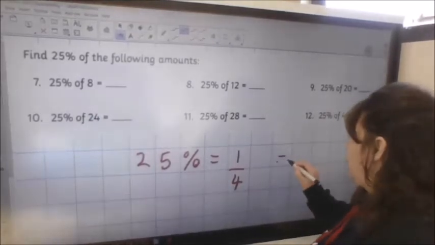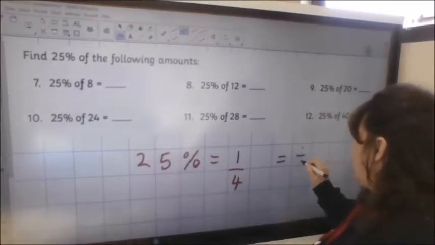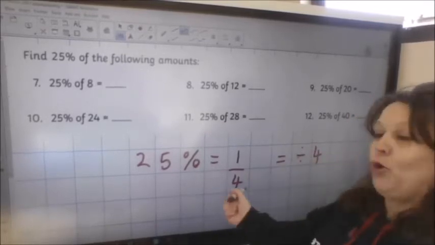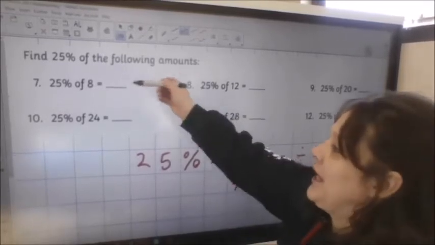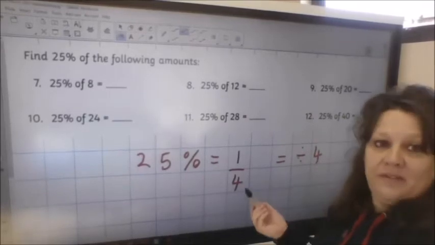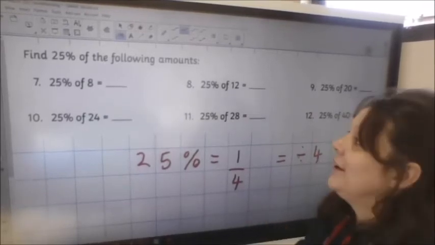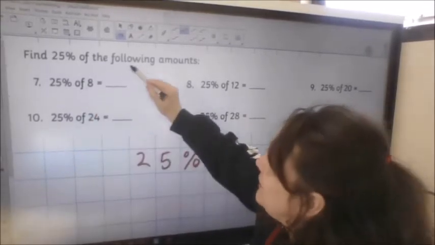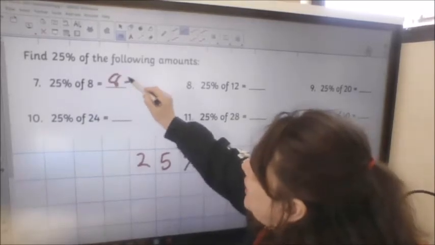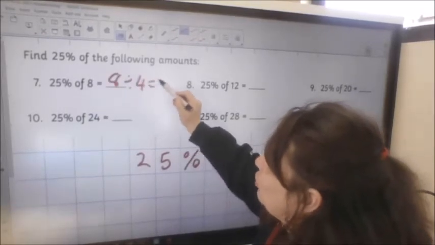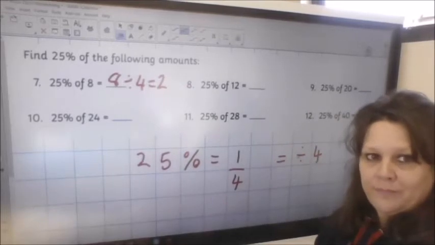What we need to do here is divide by 4. So for each of these answers, we divide by 4. Nice and easy again. 25% of 8 equals 8 divided by 4, which equals 2.